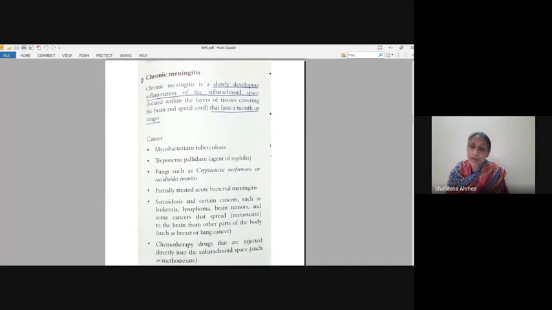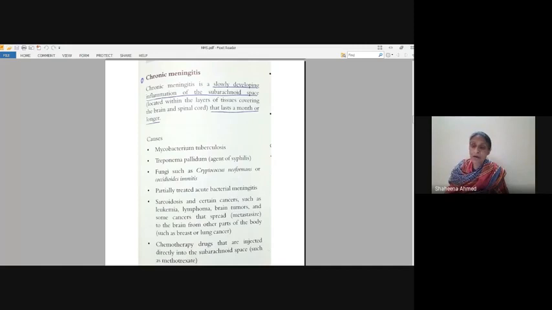Now, if we come to chronic meningitis, chronic means something which is slowly developing over a period of time. This is inflammation of the subarachnoid space that can last for months or even longer.